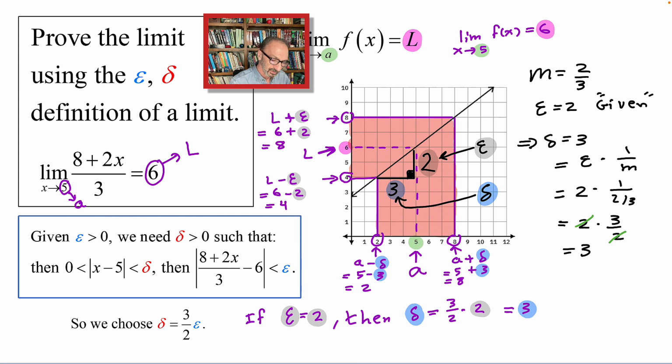There is no need. Just see it from the graph. If epsilon is 2, delta is 3. If epsilon is 2, 2 cancels with this 2, you end up with delta equals 3.